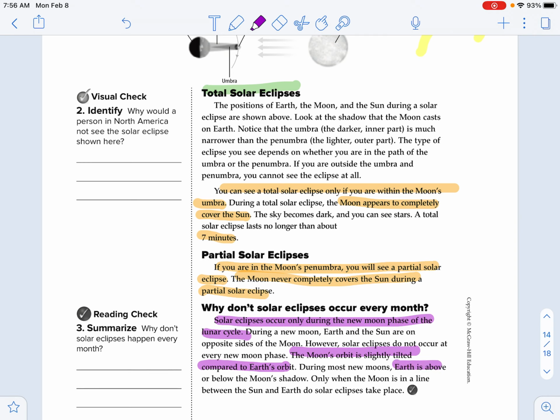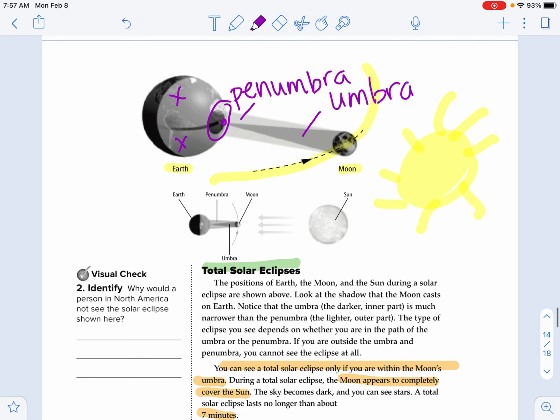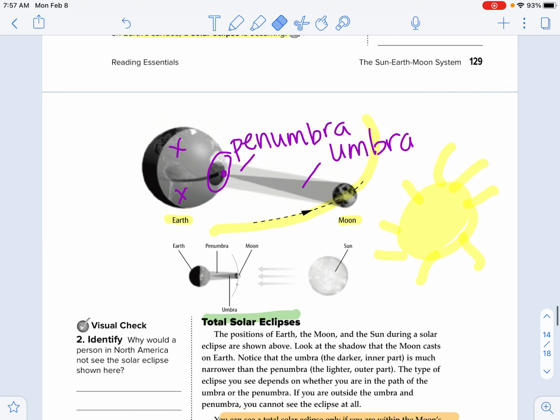During most new moons, Earth is above or below the moon's shadow. Only when the moon is in line between the sun and the Earth do solar eclipses take place. Okay. All right. So let's take a look at this picture.